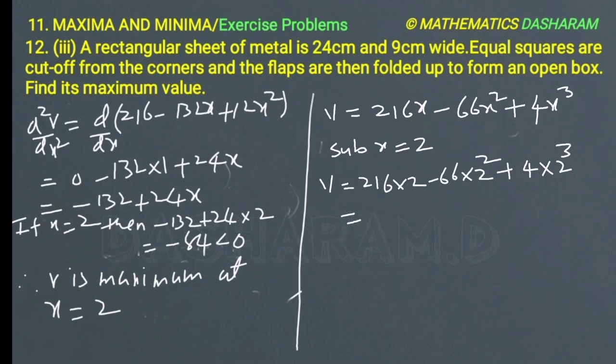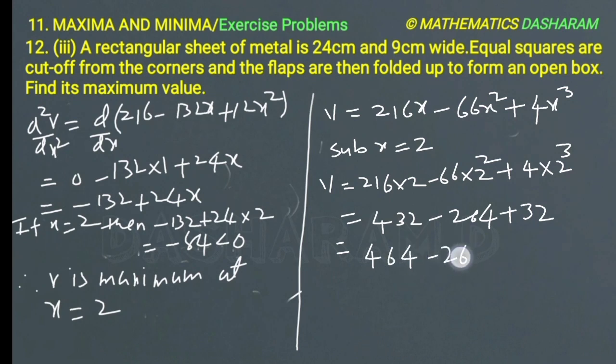So 216 into 2 is 432, minus 66 into 2 square, which is 4, so it is 264, plus 2 cube is 8, 8 into 4 is 32. Here 432 plus 32 is 464, minus 264, it equals 200 centimeter cube.